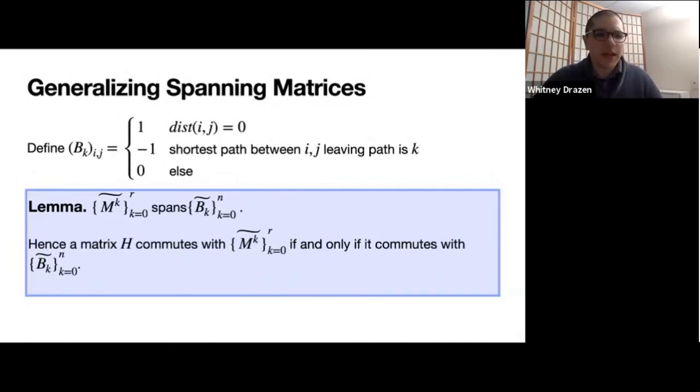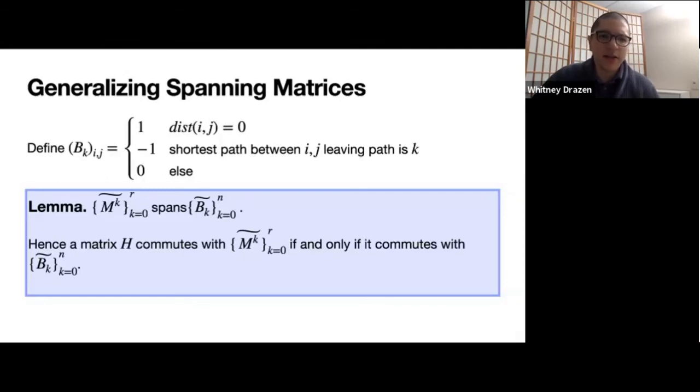So if the distance between them is k, then we're going to have a 1 entry. And if the shortest walk leaving the path between i and j is length k, then we're going to get a -1. So we're going to get these +1s for the binomial for the general walks on the lattice, these -1s, and these B sub k's, where k is the length of a correction factor.